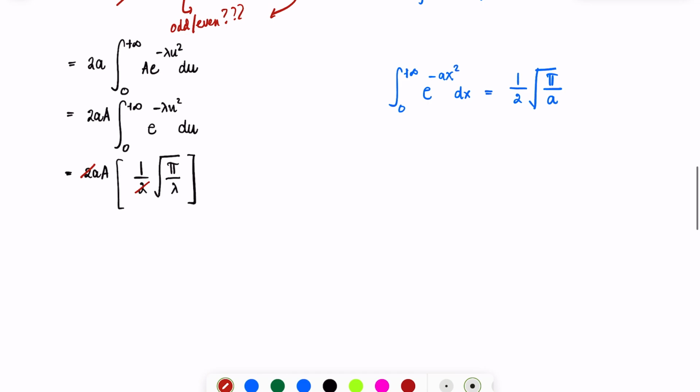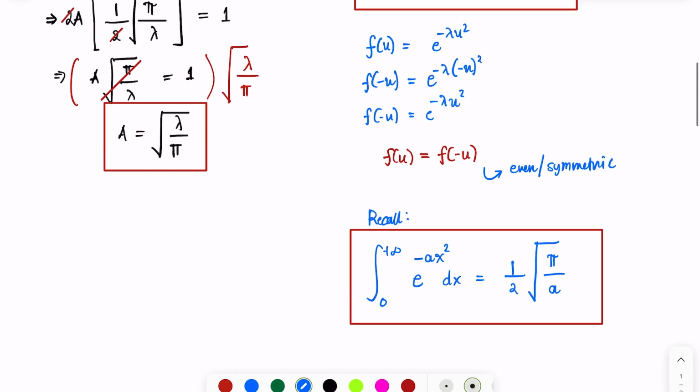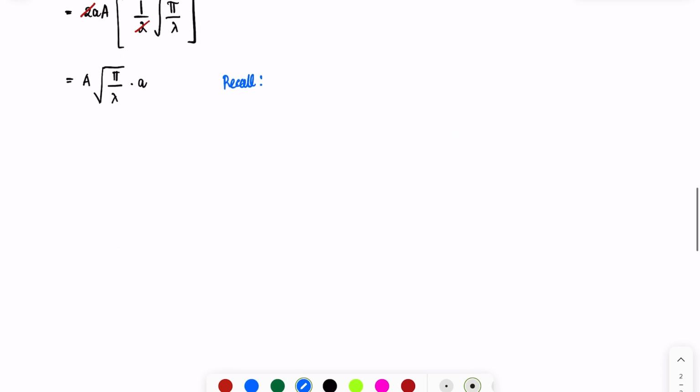So we now get a multiplied by the square root of pi all over lambda, and then multiplied by a. But you have to recall earlier, we actually have solved for the normalization constant a, and that is square root of lambda over pi. So we can substitute that here. So a is the square root of lambda over pi.